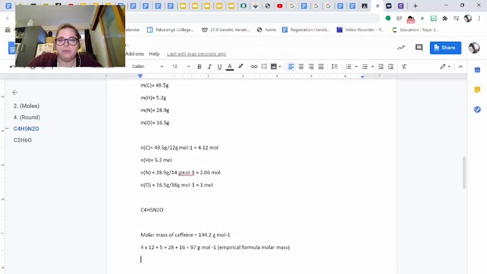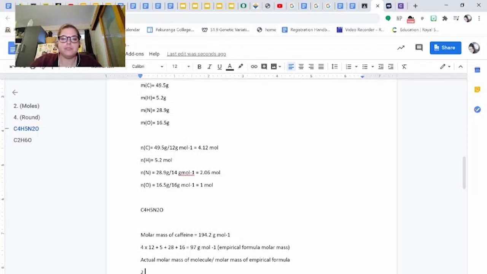This will be an easier way to understand, I promise. If you go actual molar mass of the molecule over molar mass of empirical formula, that'll give you a number. In this instance, it will give you 2.